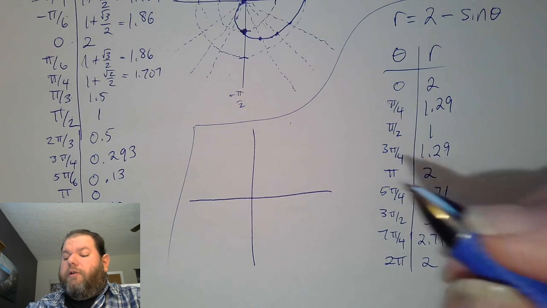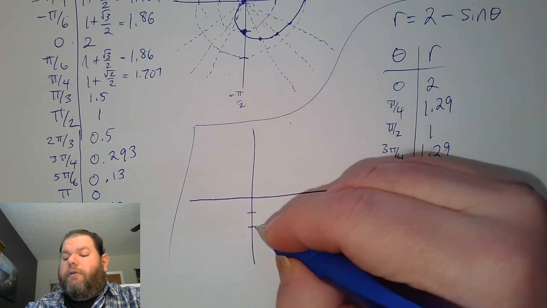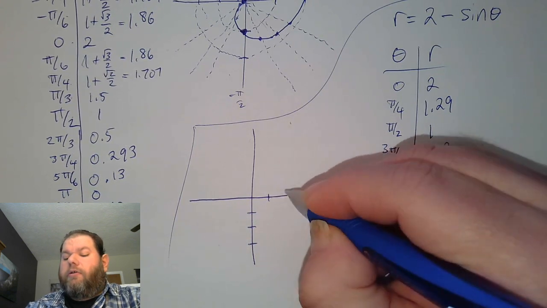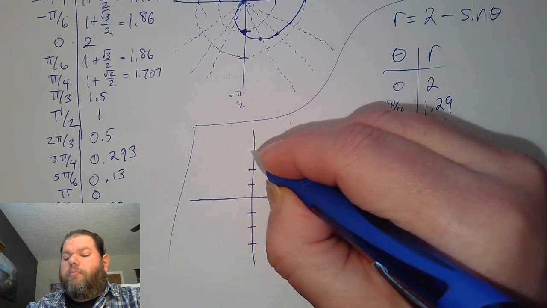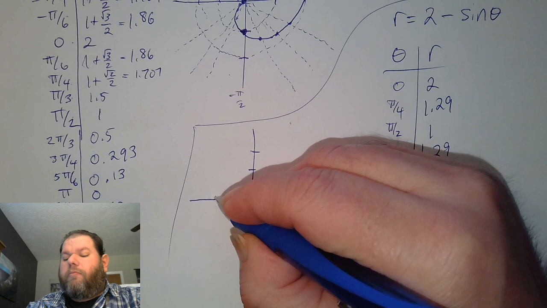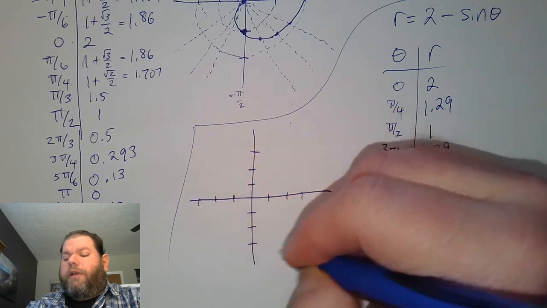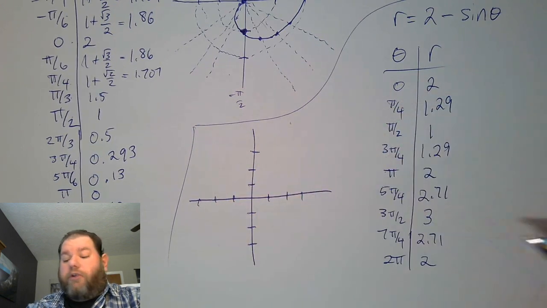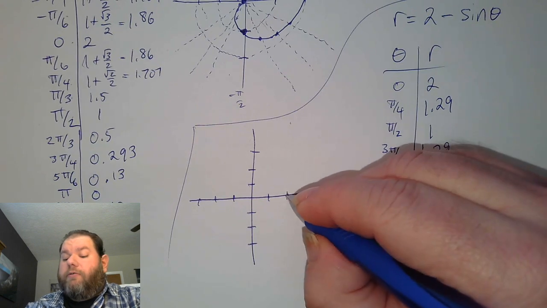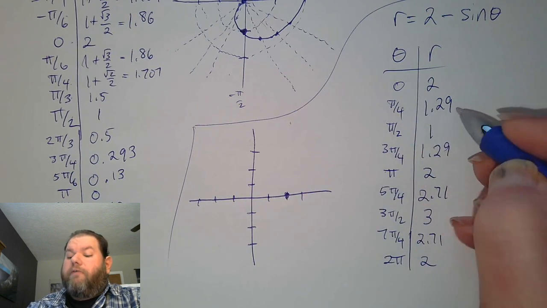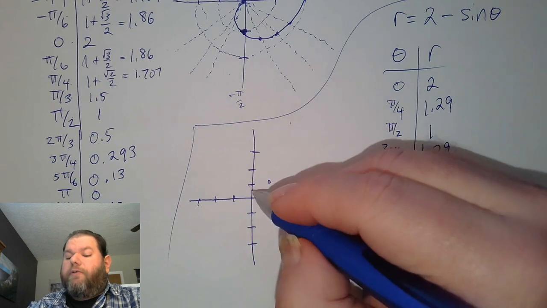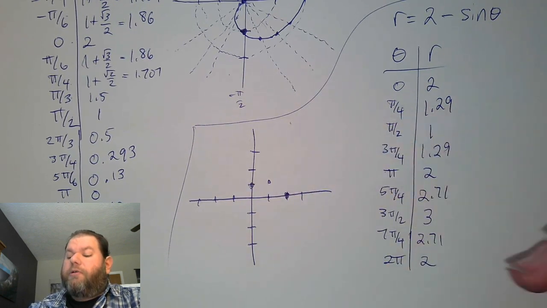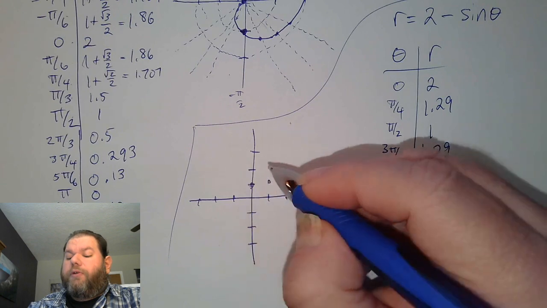This time we need to go as far out as 3. But we're only looking at the diagonals and the cardinal directions. So 0, 2, pi over 4, 1.29, pi over 2, 1, 3 pi over 4, 1.29.